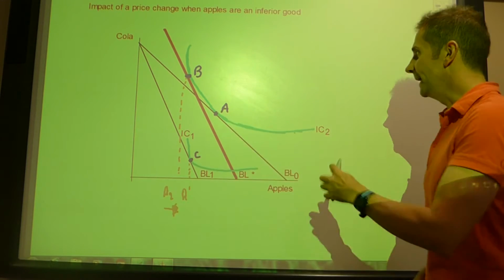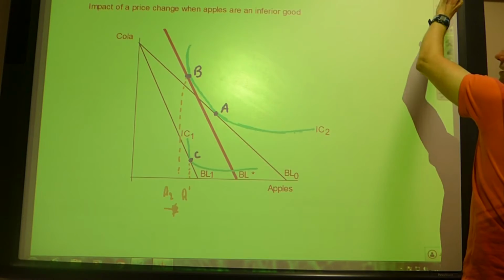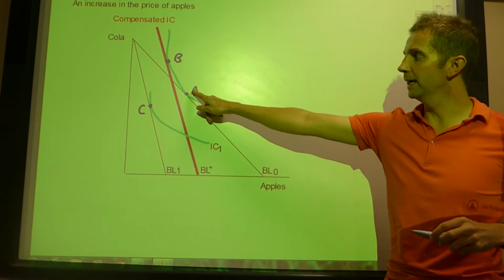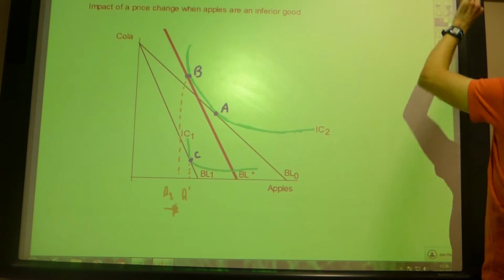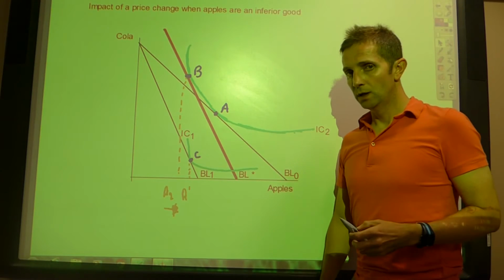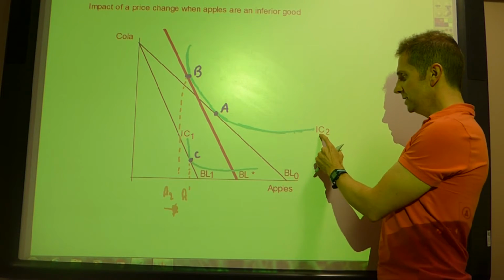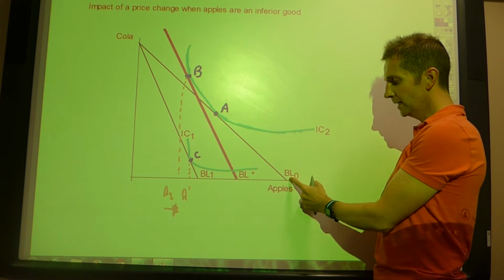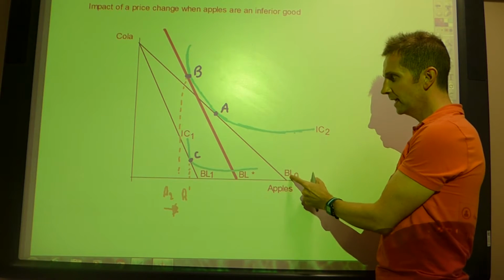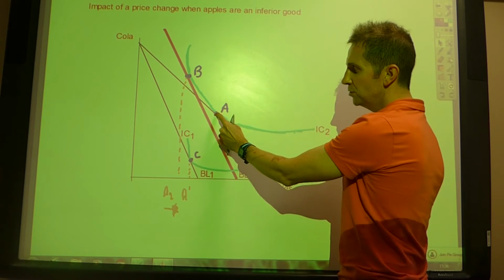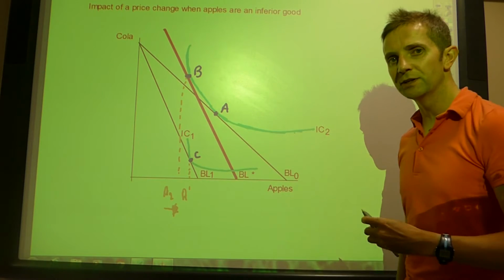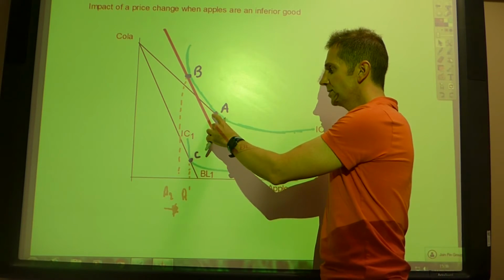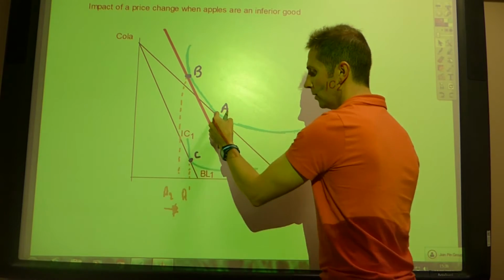Our start point A is pretty much identical to our start point A on this particular diagram. So you can see here that we're on indifference curve 2 on our original income and budget line of BL0. And so the utility that this particular individual derives is this combination of cola and apples.